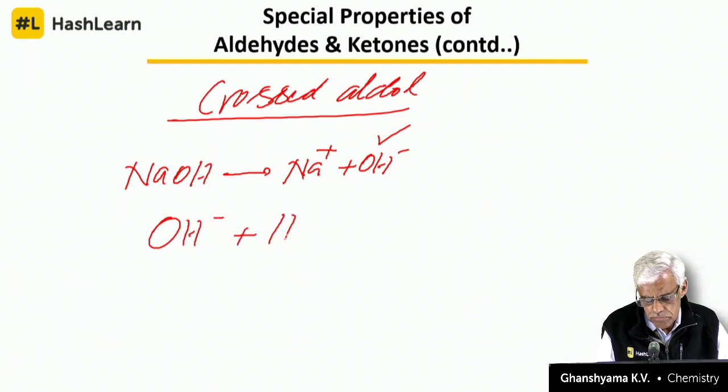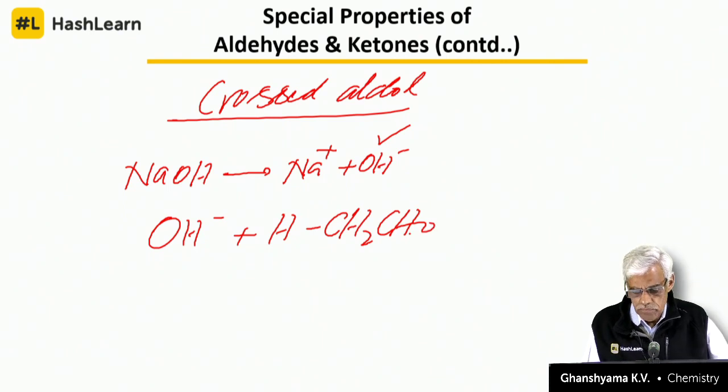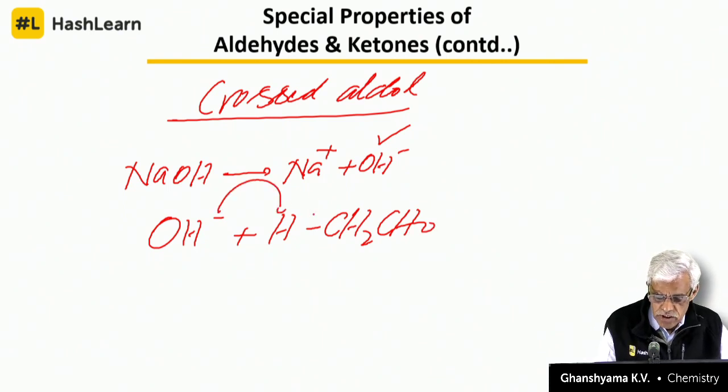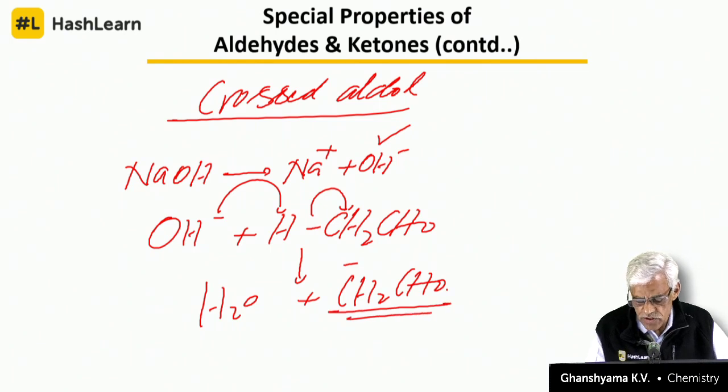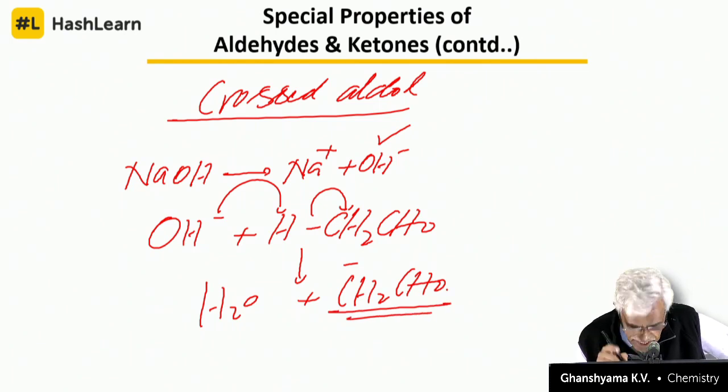OH minus plus CH3CHO. This will come over here and this will come over here. You get H2O and CH2CHO nucleophile. That is why I said nucleophilic attack, CH3CHO with a nucleophilic attack.